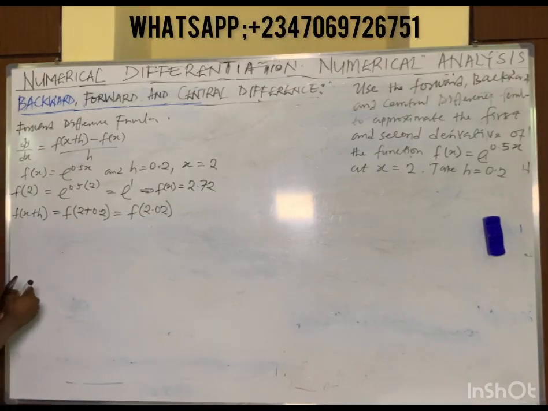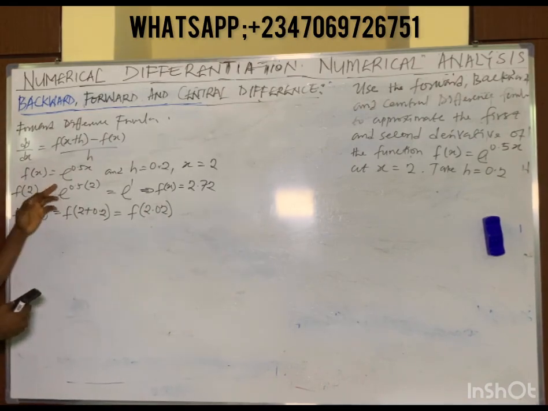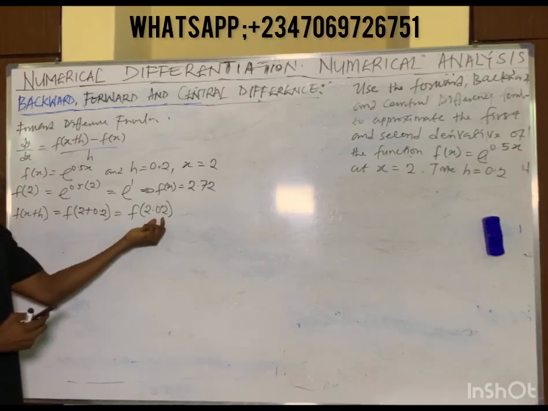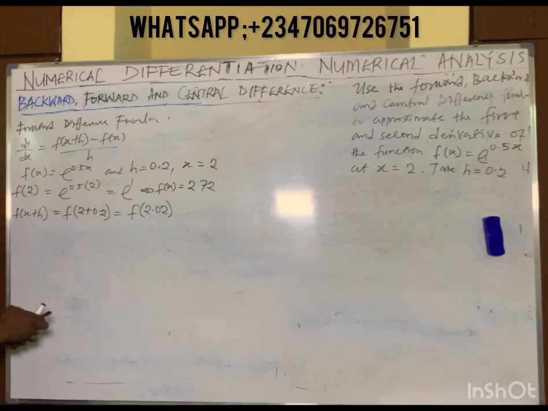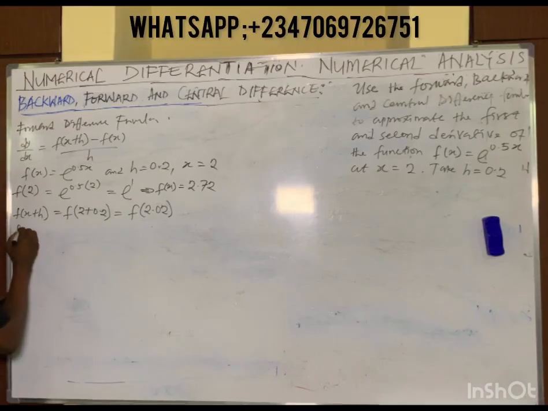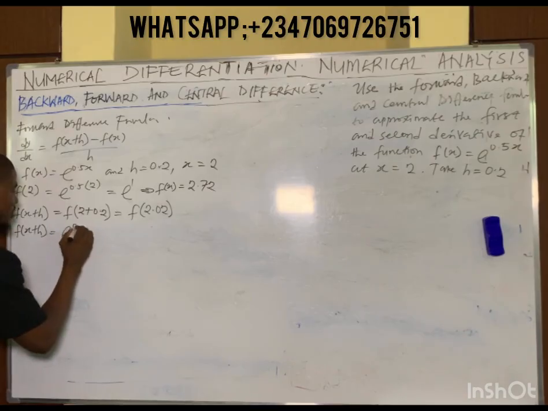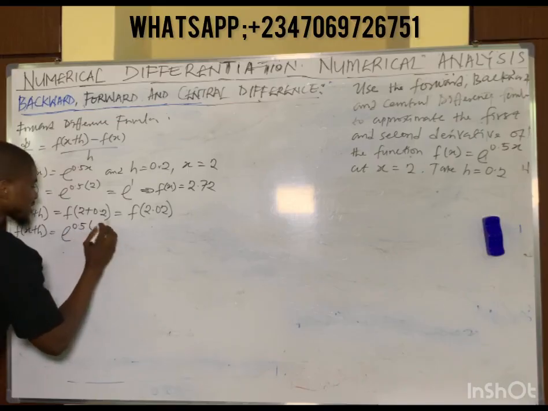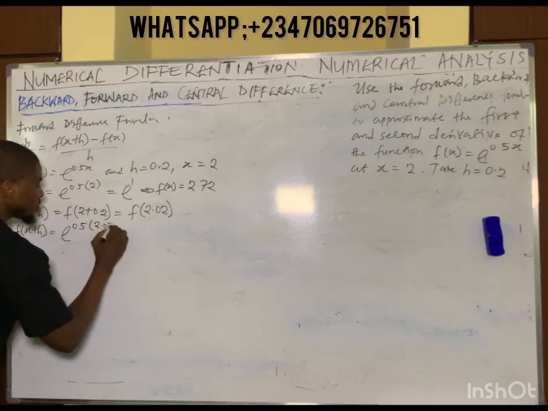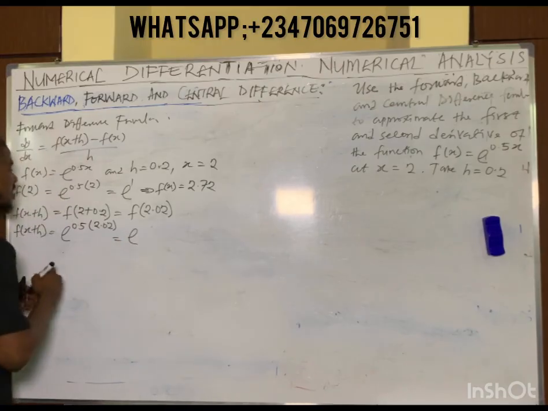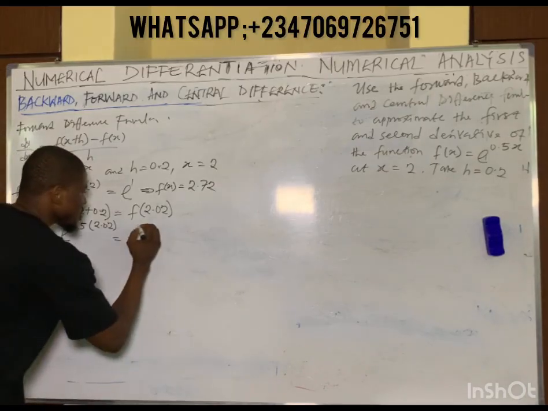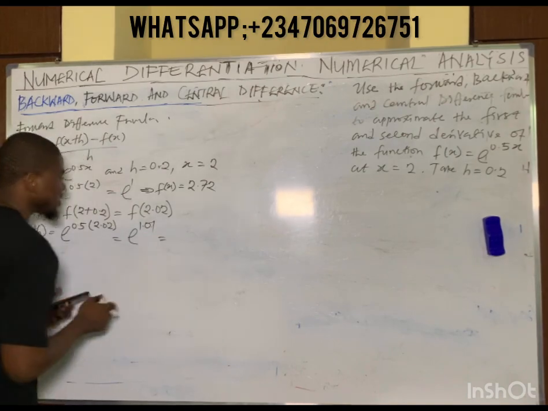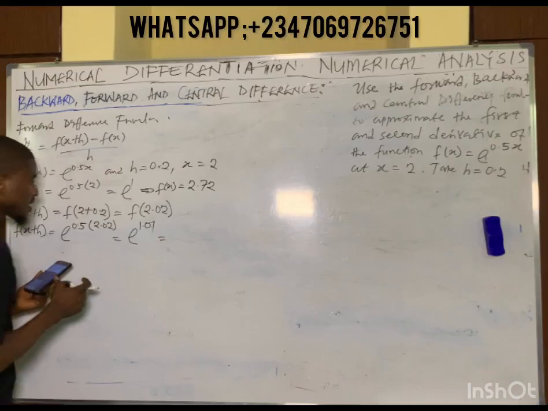So this simply means that in this formula where f of x is exponential 0.5x, x now becomes 2.02. So f of x plus h is going to be equal to exponential 0.5 multiplied by 2.02. That simply gives us 1.01.